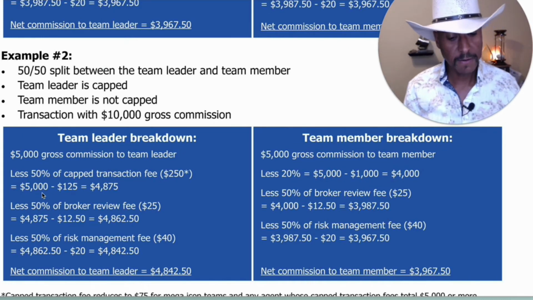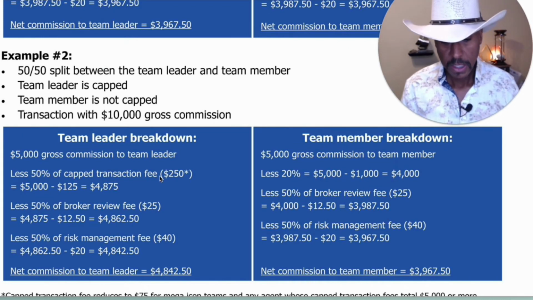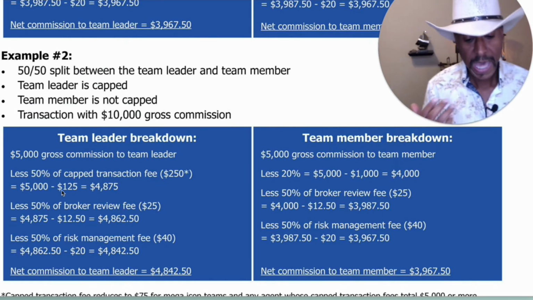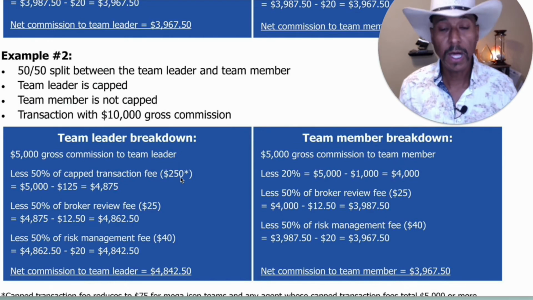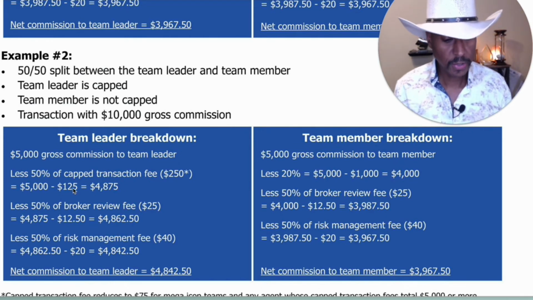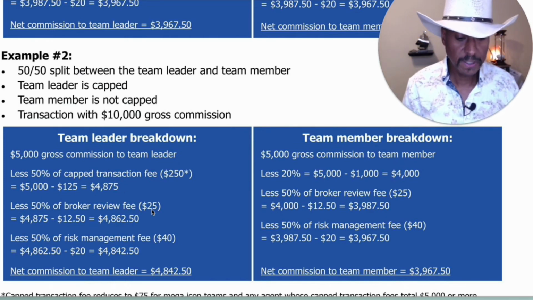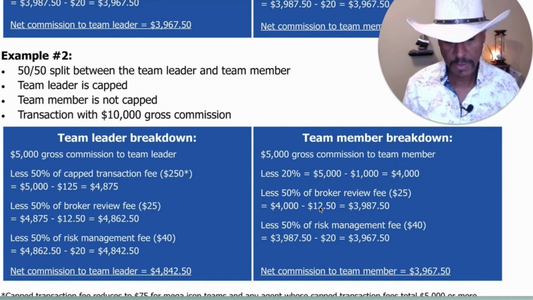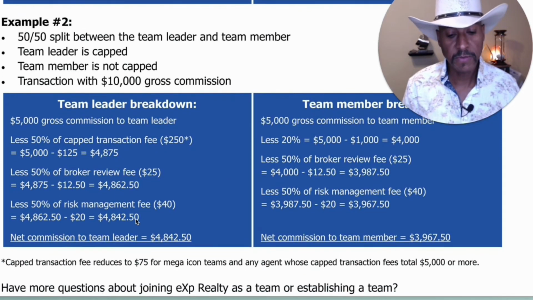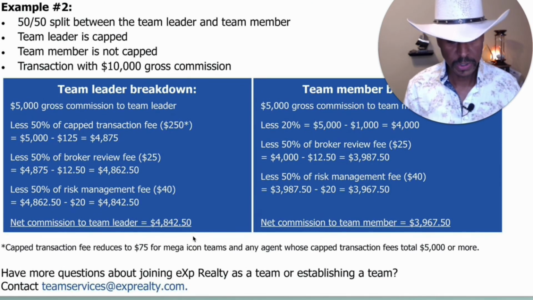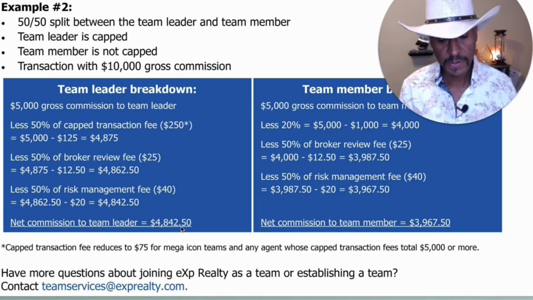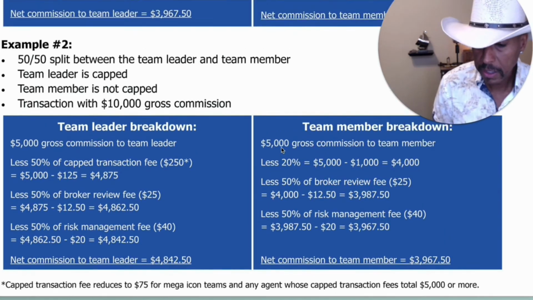So you'd be at half of that. So that'd be $5,000 minus half of the $250 fee, which is $125, less 50% broker review fee. We talked about that earlier, $12.50, and then less 50% of the E&O. So this would be your net $4,842.50.